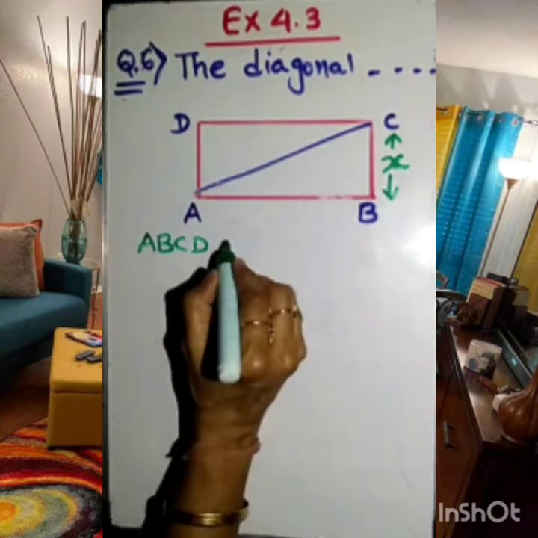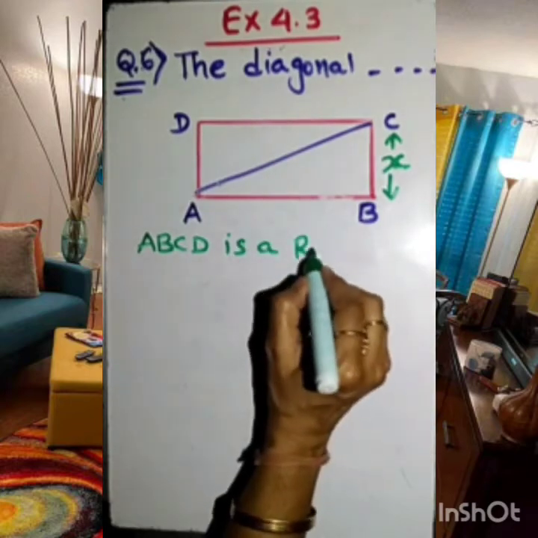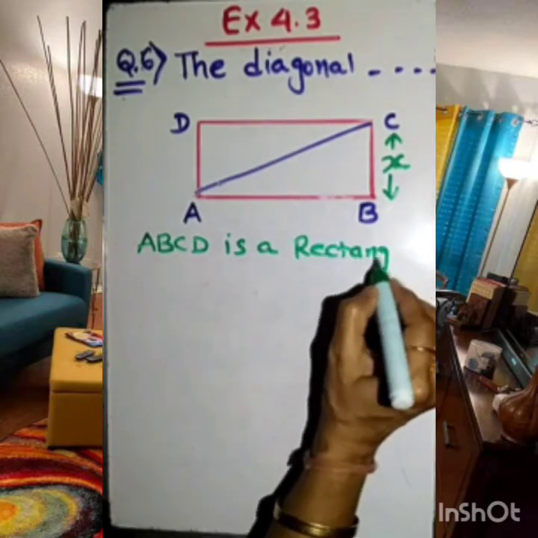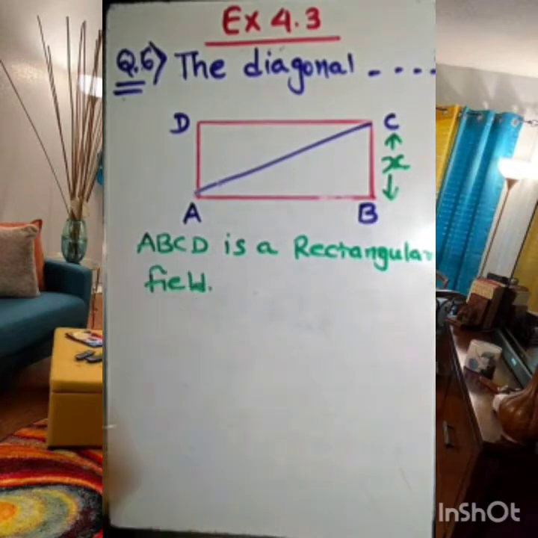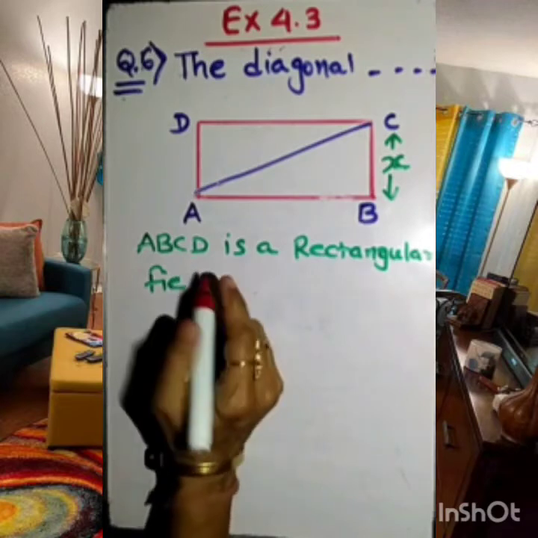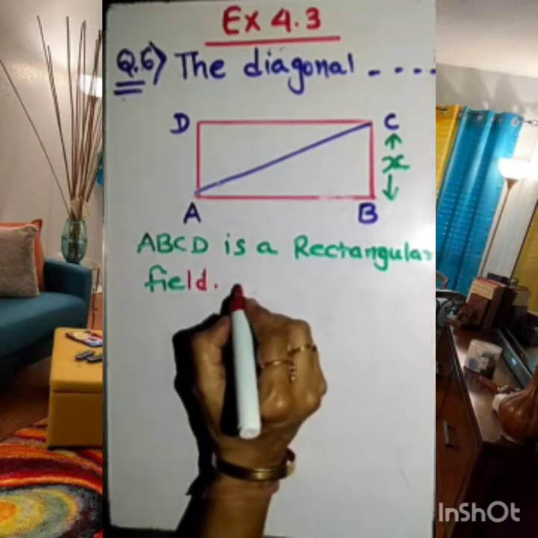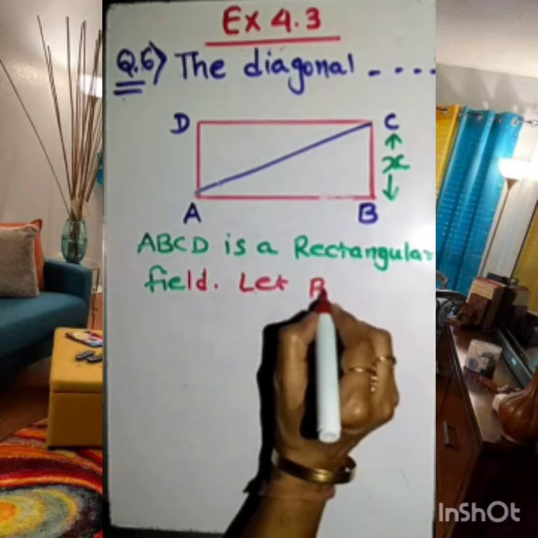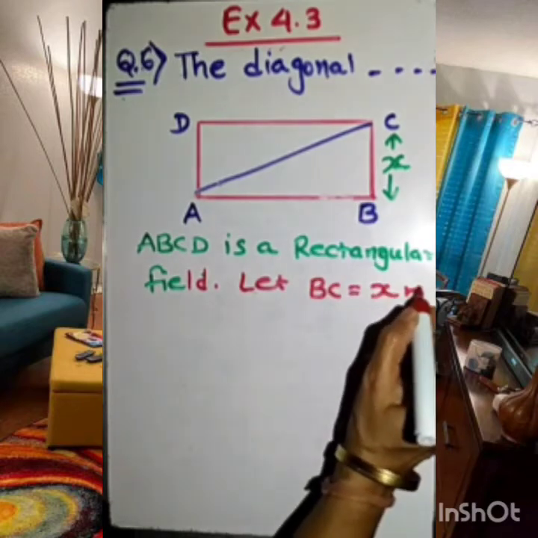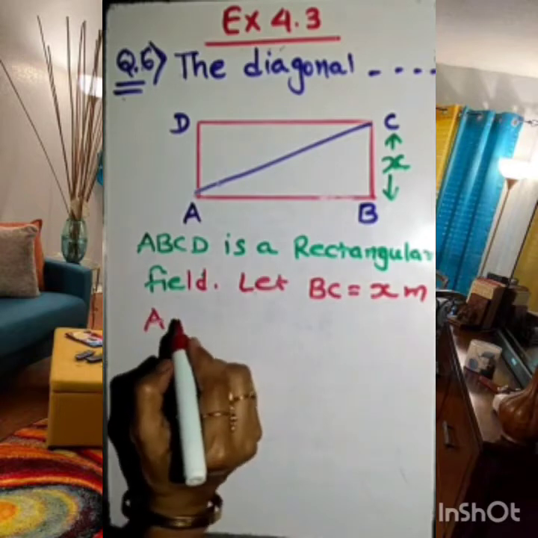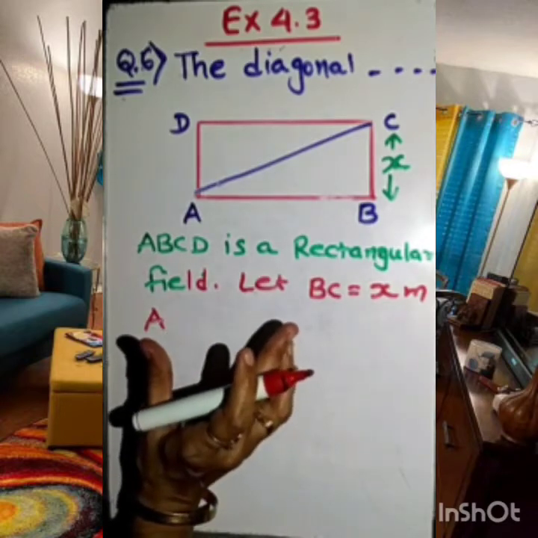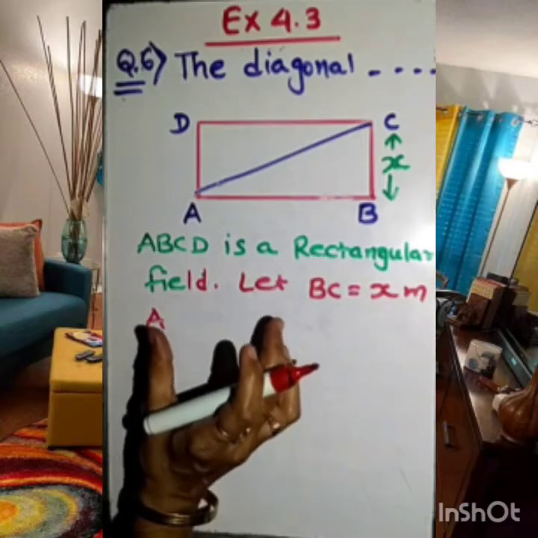ABCD is a rectangular field. Please note down, ABCD is a rectangular field, and in that I am considering BC, let BC equal to x meter. Then they have clearly mentioned the diagonal of the rectangular field.